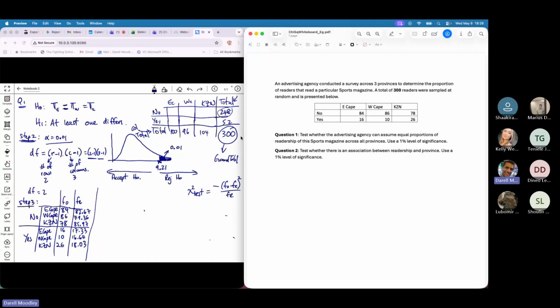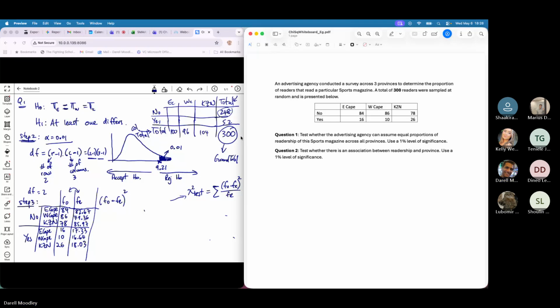I did say you don't need to memorize this formula. If you just follow what I'm doing in this table, it's going to take you to this value anyway. So the next column I'm going to create calculates the difference between these two columns: f naught minus fe, and I'm going to square it, raising the difference to the power 2.